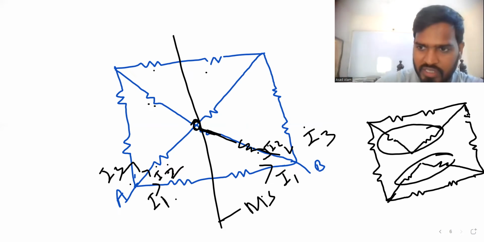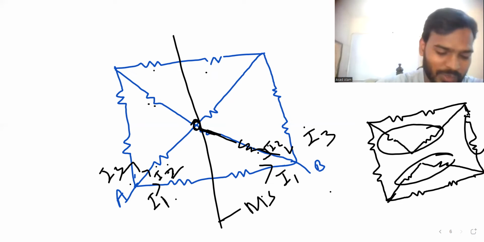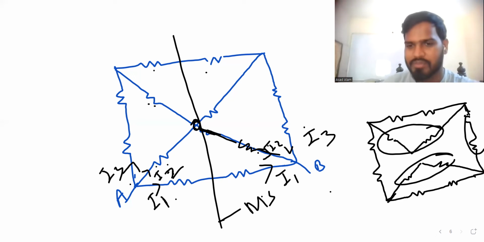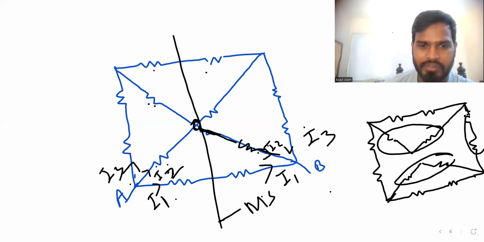Again, these two are in series. These two are in series. These two are in series. Solve it. I'm not going to solve it now. So till here we will solve the series parallel sums, like complex circuits. Next class we'll do another topic. Hope you guys understood.